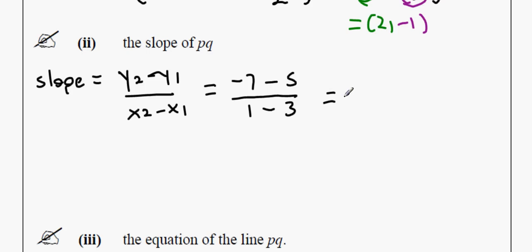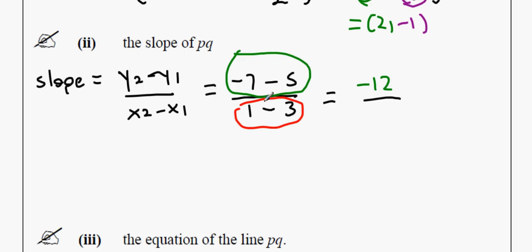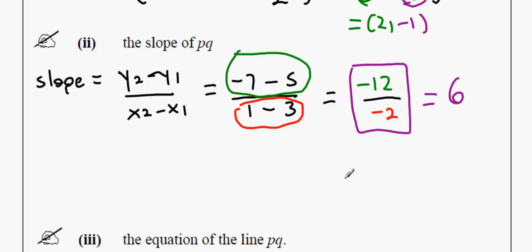Put this into your calculator. The green part here turns into minus 12. Put the bottom part, 1 minus 3, into your calculator, and you get minus 2. Enter all of this into your calculator one more time, and the answer is 6. So the slope is 6.